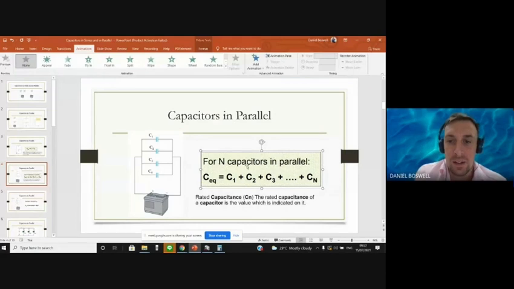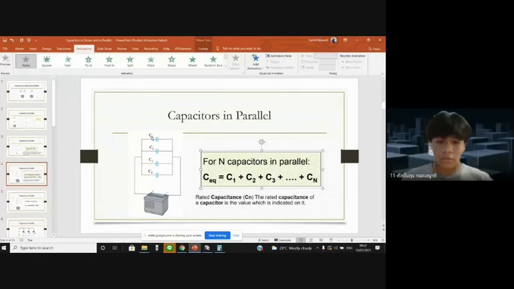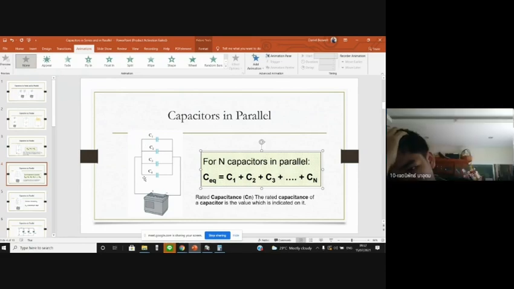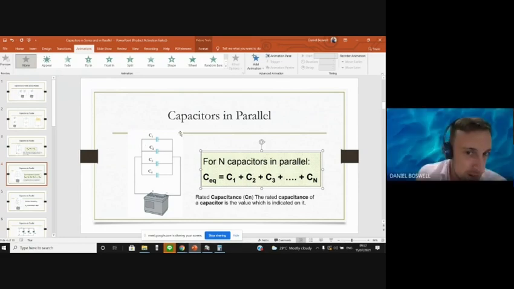For N capacitors in parallel, here we have C1, capacitor 1, capacitor 2, 3, 4, and these are in series, yeah? No, it's parallel. Good.